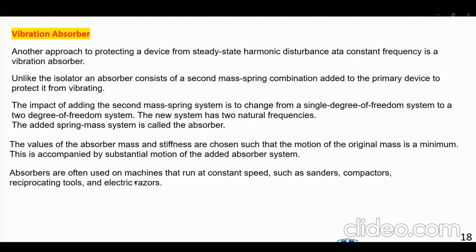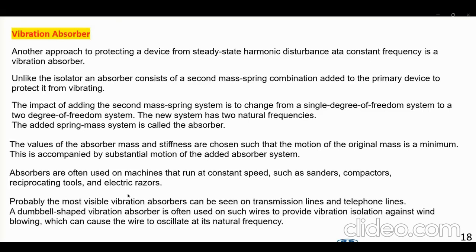Absorbers are often used on machines that run at constant speeds, such as sanders, compactors, reciprocating tools, and electric razors. So, I think it's instructive to go through this last instruction here. Probably the most visible variation of vibration absorbers can be seen on transmission lines.